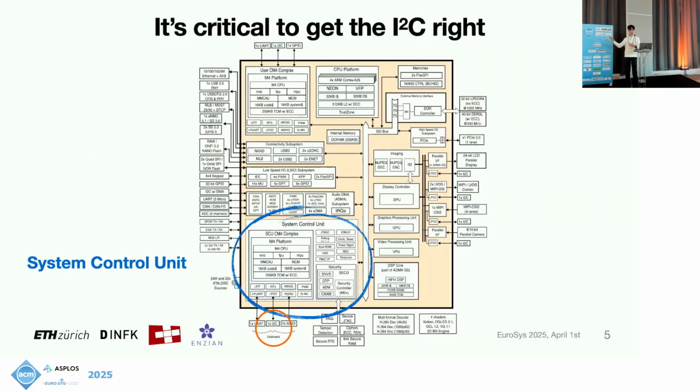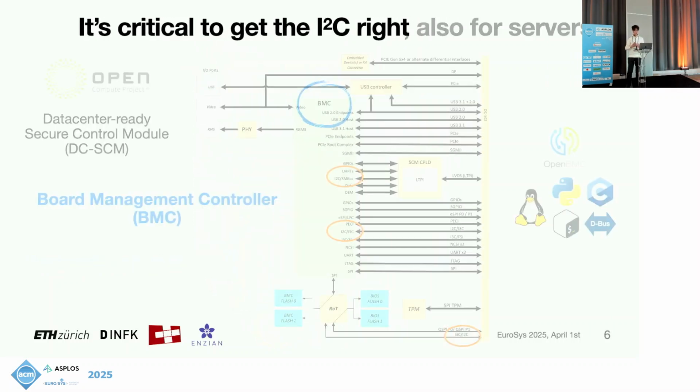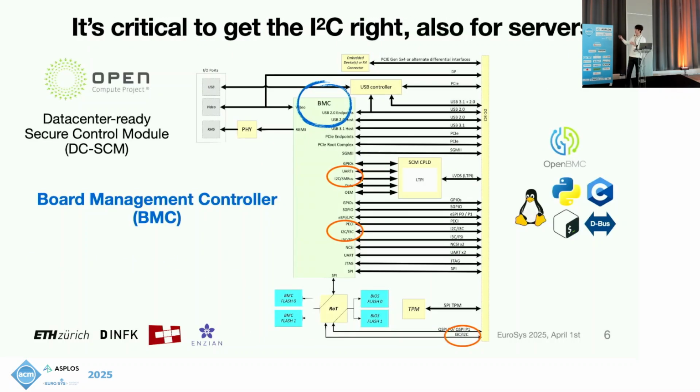On the IMX8, the I2C controller is the system control unit. The responders have a dedicated I2C, and the responders are the power regulator, clock generator, temperature sensor, and so on. For servers, the controller is the board management controller, or BMC.